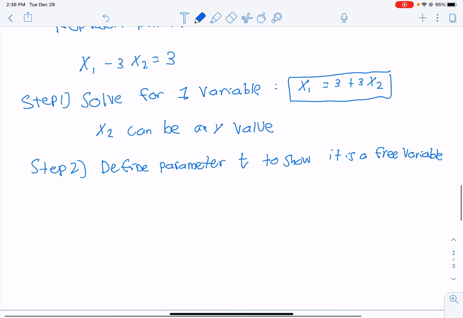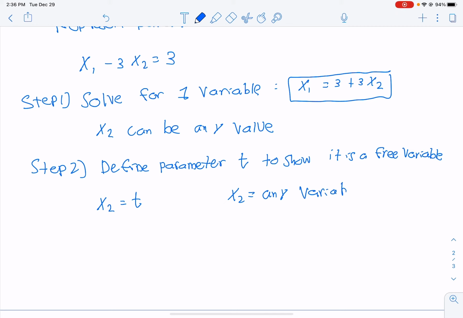So I'm just going to say that x2, standard is usually t, but I could say x2 is equal to any variable that makes sense, really. So I like saying x2 equals t. So I'm going to substitute that in. x1 now equals 3 plus 3t.